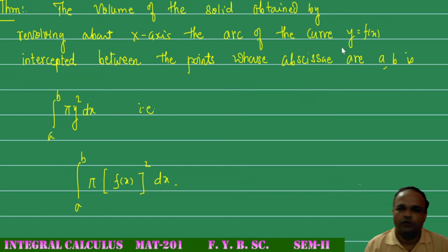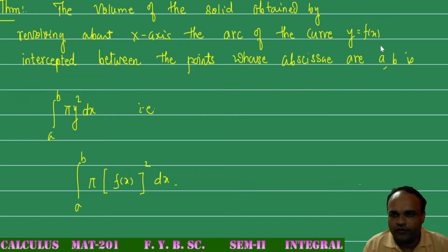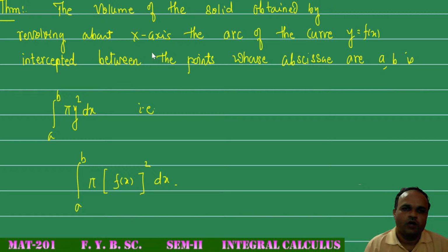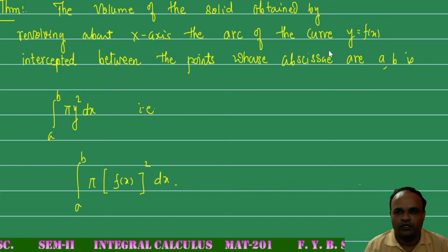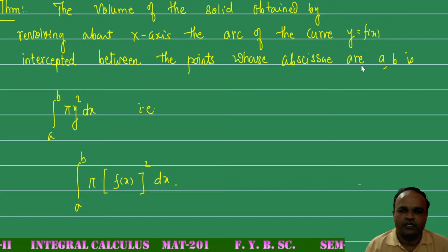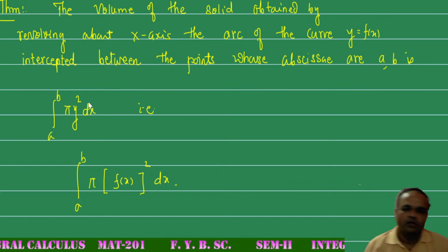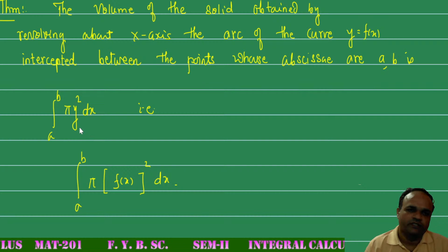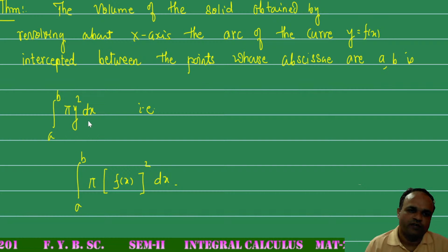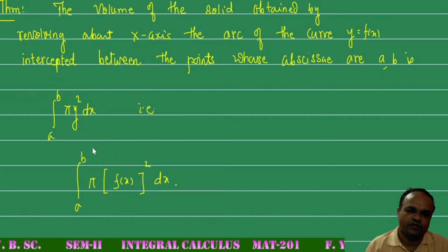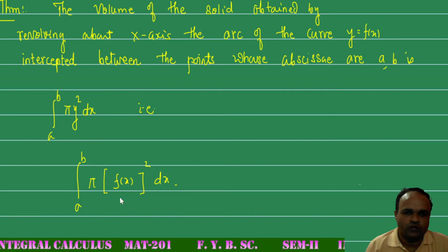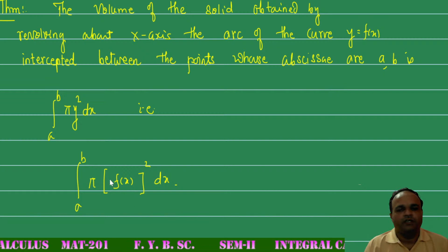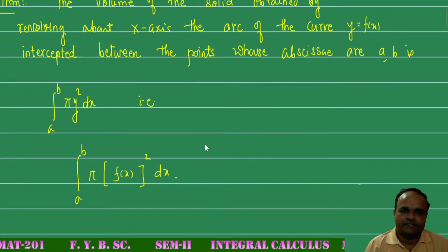Means if you revolve the curve y equal to f(x) about the x-axis between the ordinates x equal to a and x equal to b, then the volume of the resulting solid is given by this formula, that is the integration from a to b of pi y square dx. Or you can write it as the integration from a to b of pi, because y is f(x), f(x) square dx.